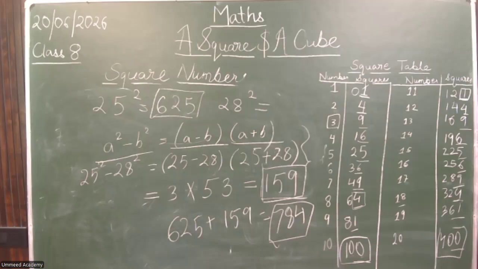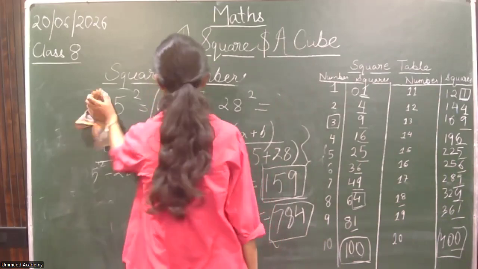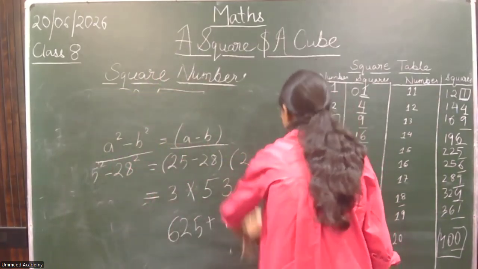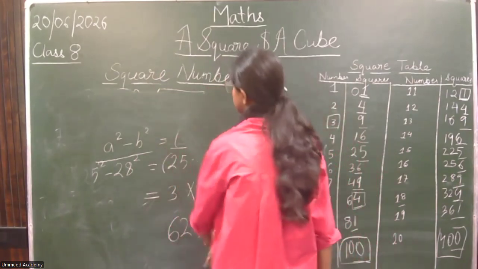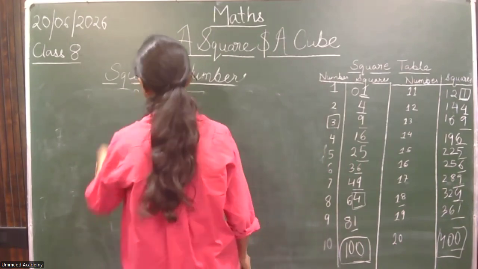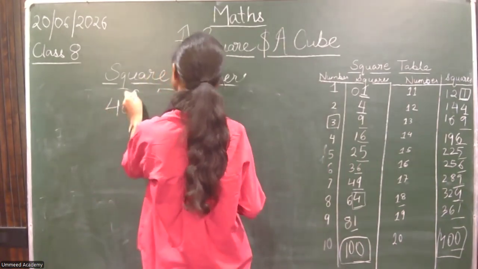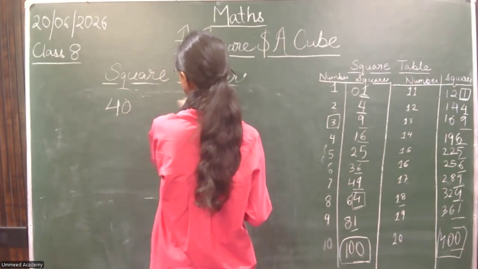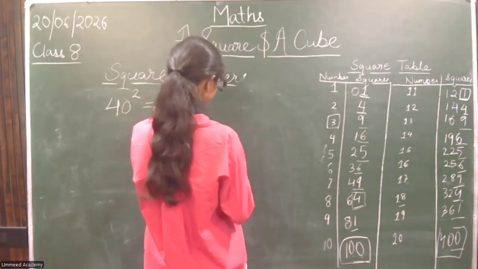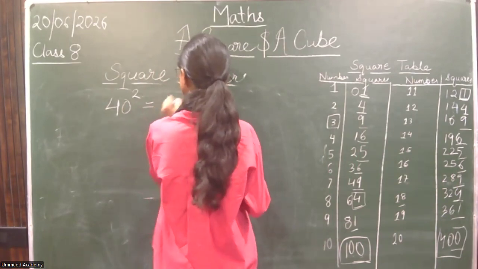Okay, I'm giving you one more question like this. Do and give me the answer quickly. See, 40 का square is 1600.